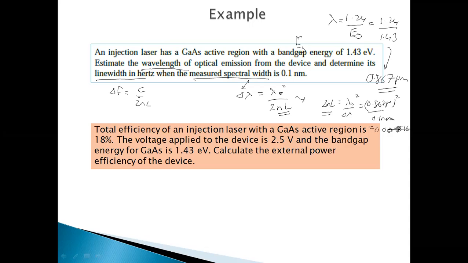So by using the 2NL value from the previous calculation, 2NL shall be equal to C over delta F, which is 3 times 10 to the power of 8 divided by delta F.